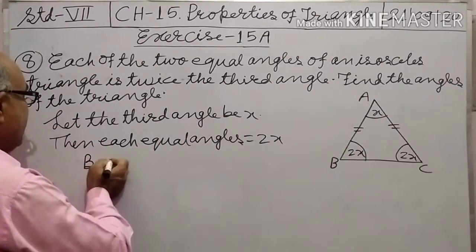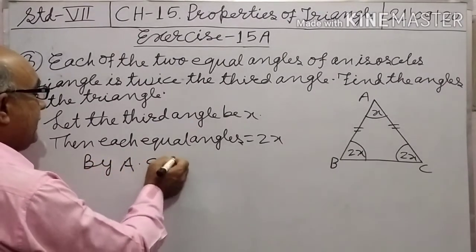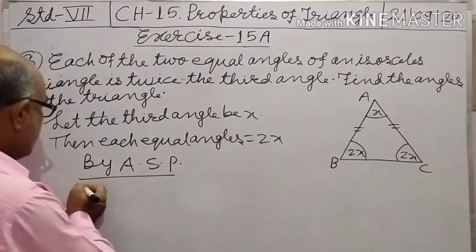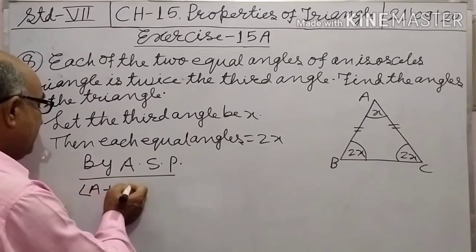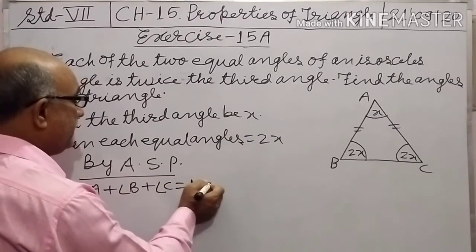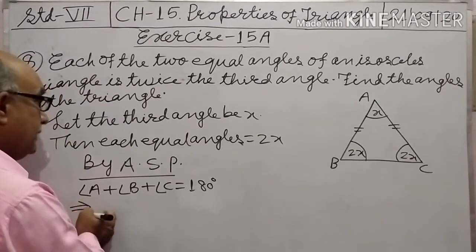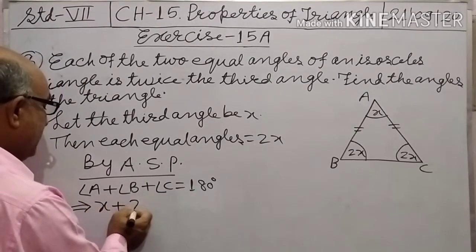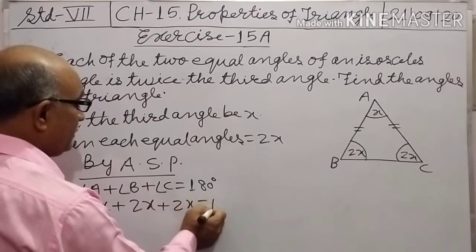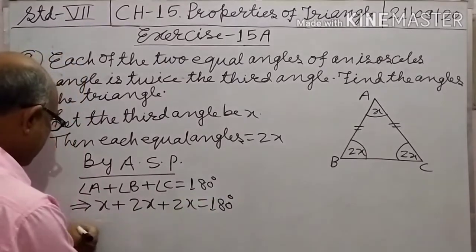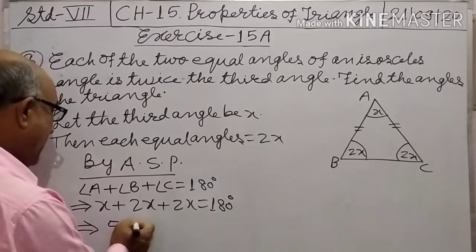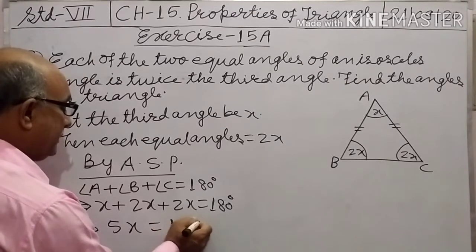Now, by angle sum property, the sum of the angles of a triangle is 180 degree. So angle A plus angle B plus angle C equal to 180 degree. That implies X plus 2X plus 2X equal to 180 degree, so 5X equal to 180 degree.